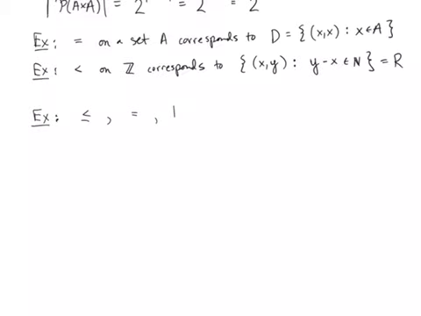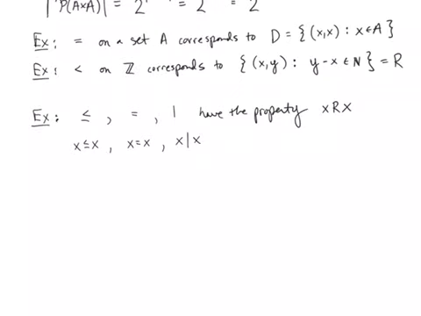They have the property x is related to x. And so we know that x is less than or equal to x, that's always true. X is equal to x, that's always true. X divides x, right?